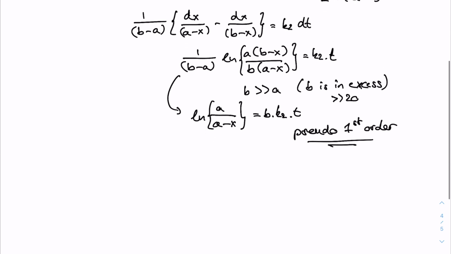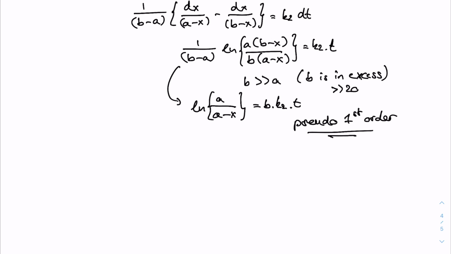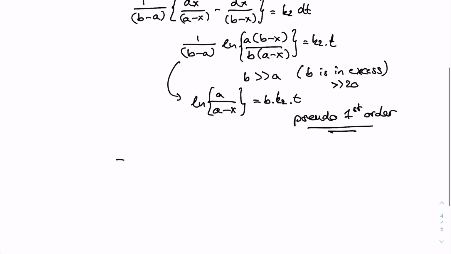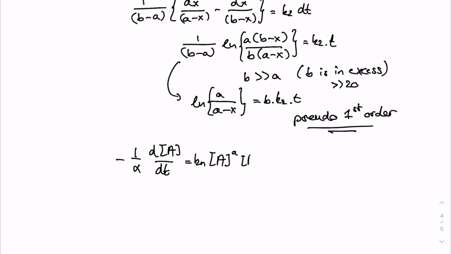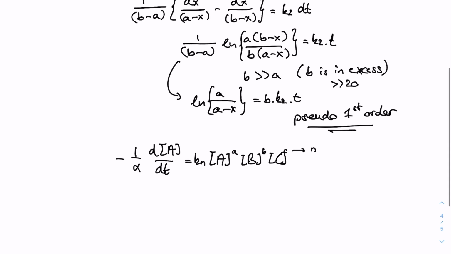So more generally, if we look at a reaction equation, we can write in a general form dA/dt equals k times A to the small a, B to the small b, C to the small c, right? The reaction order n is the sum of these coefficients.